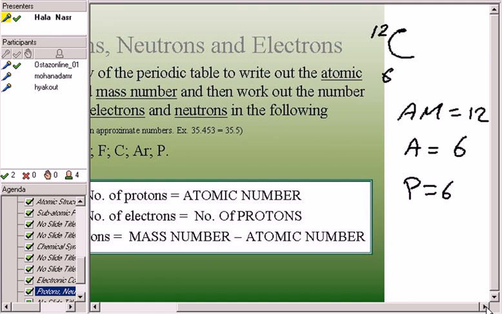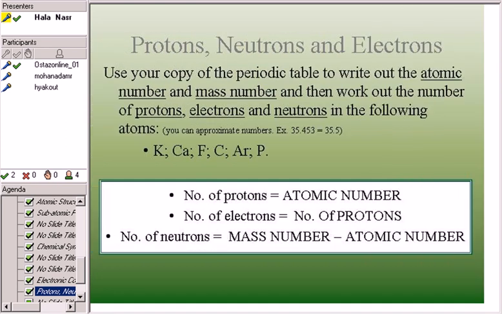The number of protons is 6 as well. The number of electrons is 6. We're so lucky. Mr. Hassan, can you calculate the number of neutrons from the rule you have in here? Very good. It's 12 minus 6, it equals 6 neutrons.